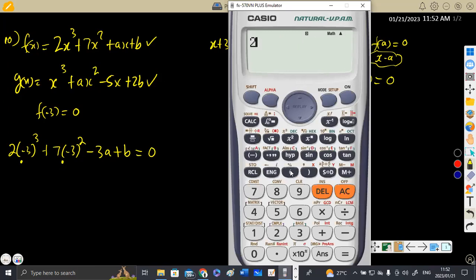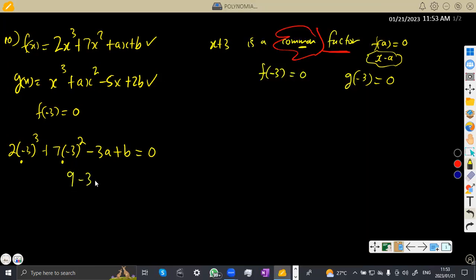So that's 2 into minus 3 cubed, plus 7 into minus 3 to the exponent of 2, and that's going to give us 9. So here we are going to be left with 9 minus 3a plus b, which is equal to 0.